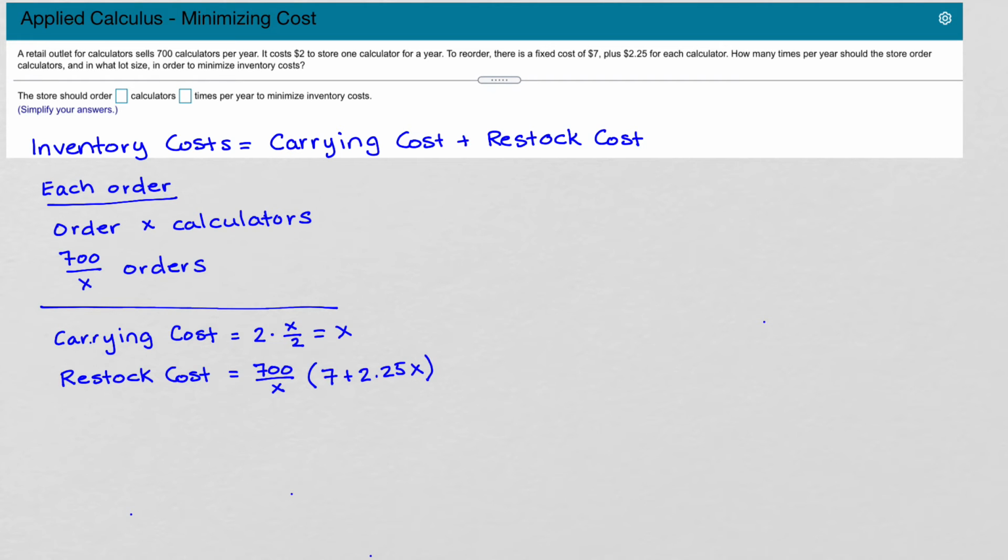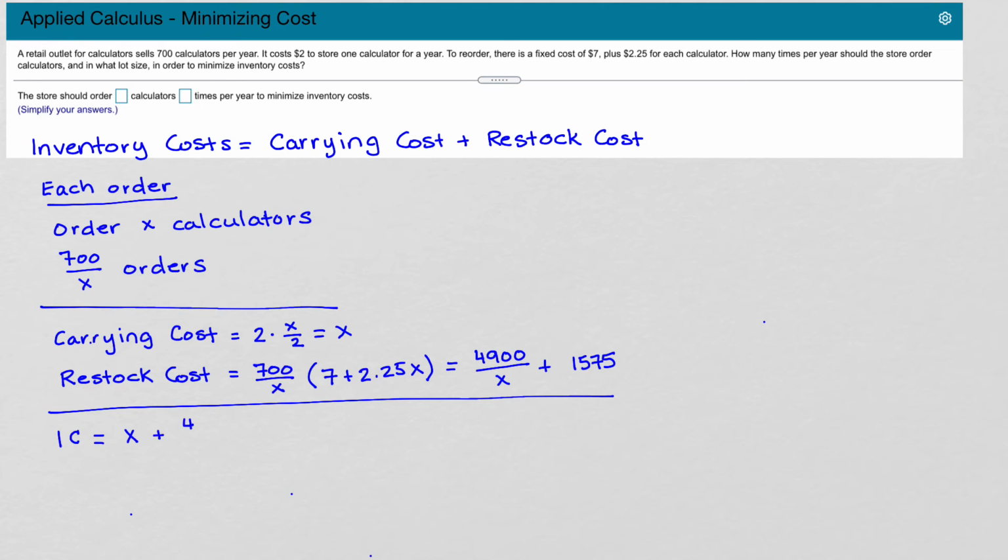I can simplify this, and that's going to be 4,900 over X plus 1,575, and the X's cancel out there. Now I've got my carrying cost and my restock cost, so inventory cost is X plus 4,900 over X plus 1,575.